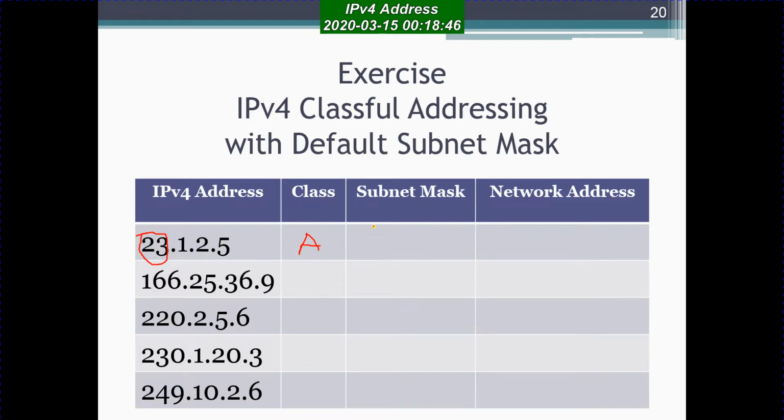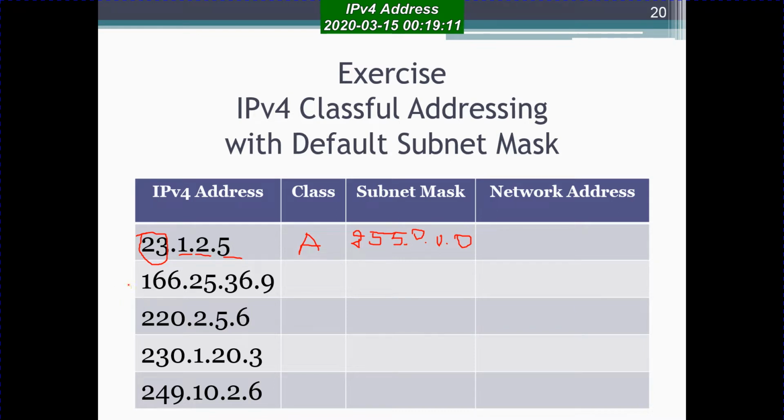The default subnet mask is 255.0.0.0, and the network address is 23.0.0.0. So you have to zero all the bits in the host address field.